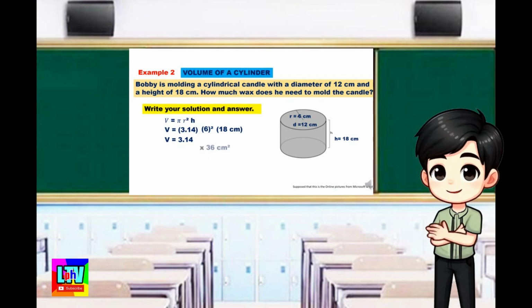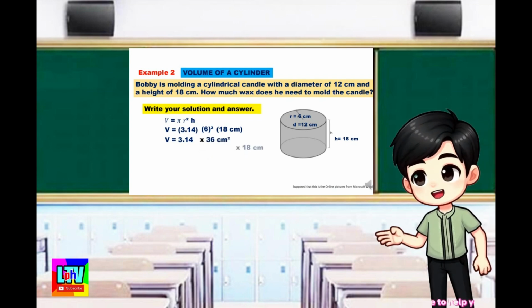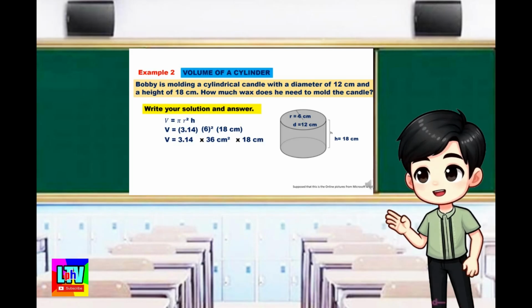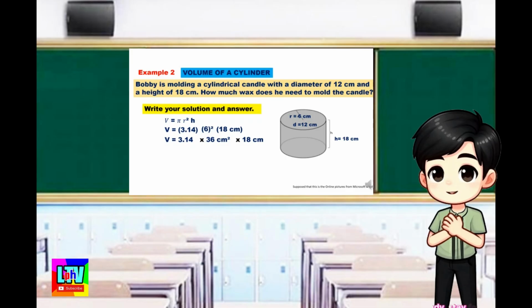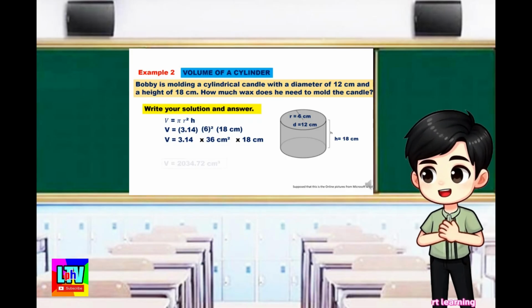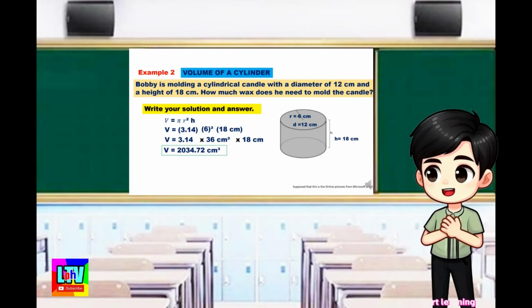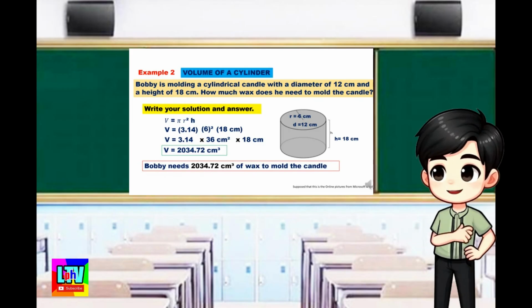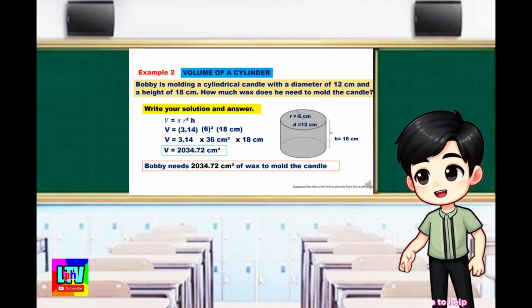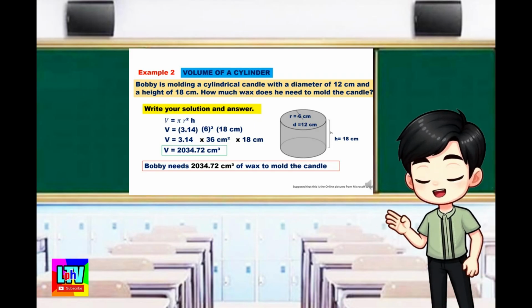Let's simplify. 6 times 6 equals 36 square centimeters. Then let's multiply 3.14 times 36 square centimeters times 18 centimeters equals 2,034.72 cubic centimeters. Bobby needs 2,034.72 cubic centimeters of wax to mold the candle.